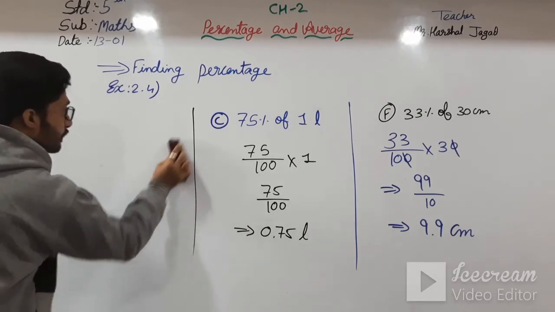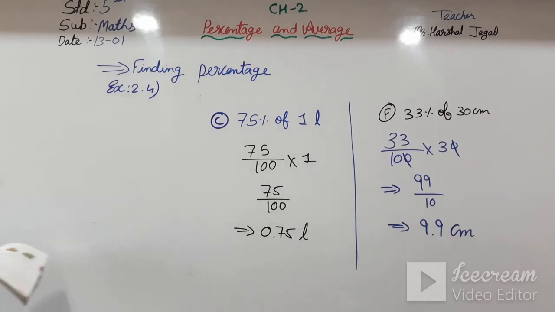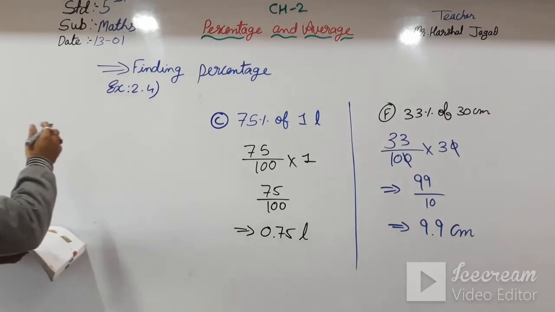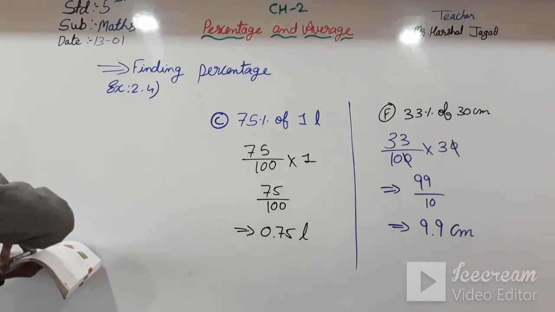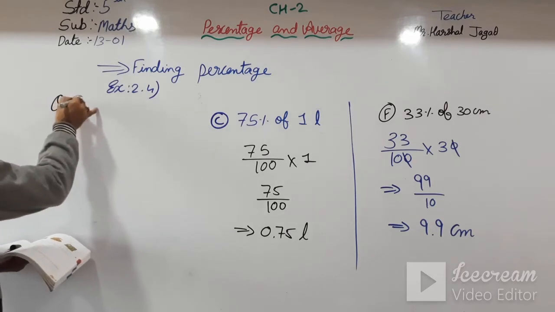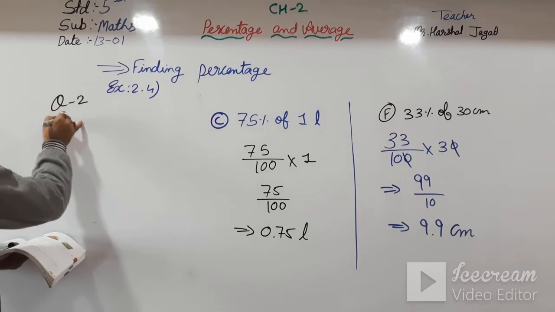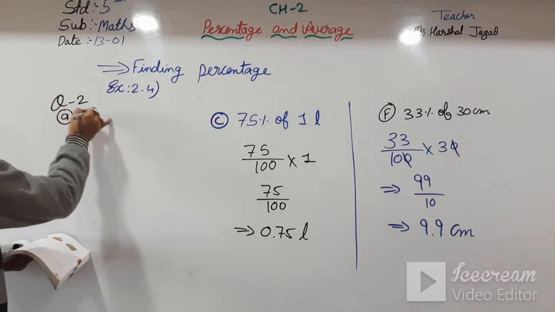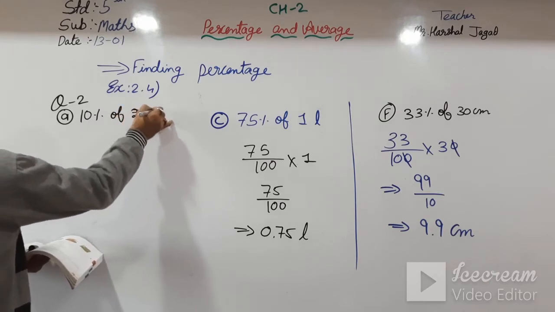Question number 2, that is find the following. In that there are also 6, so from that also I will do any 3, and the rest you have to do by yourself. So in question number 2 we will do A, that is 10% of rupees 60.